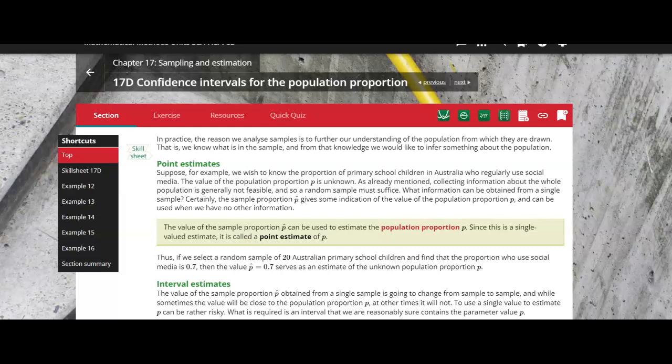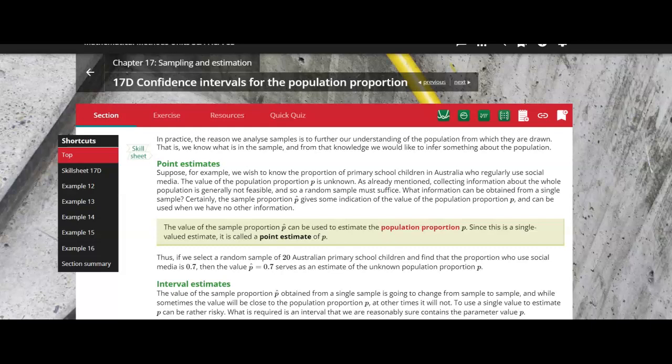Okay, so if you think about all the primary school children in Australia and surveying them on their social media use, it's just not possible. So we're looking at a random sample. So what information can be obtained from a single sample? So certainly we can get the sample proportion, and that will give us some indication of the population proportion.